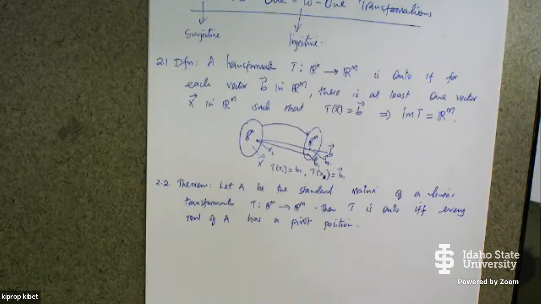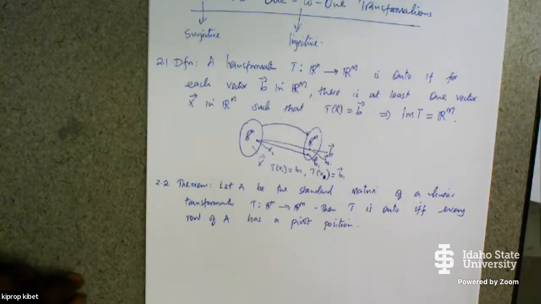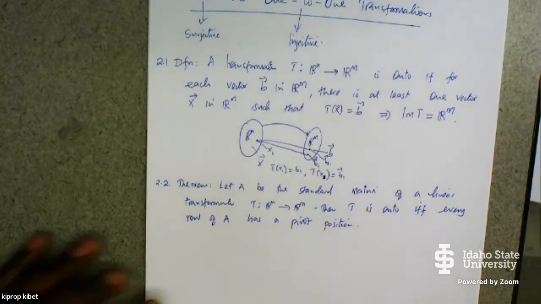It should have a pivot position in each row. Then this one is onto. It doesn't matter whether it is 3 by 3, 4 by 4, or something like that. As long as every row has a pivot position, then it is onto. You can also have free variables. It doesn't matter as long as every row has a pivot position.